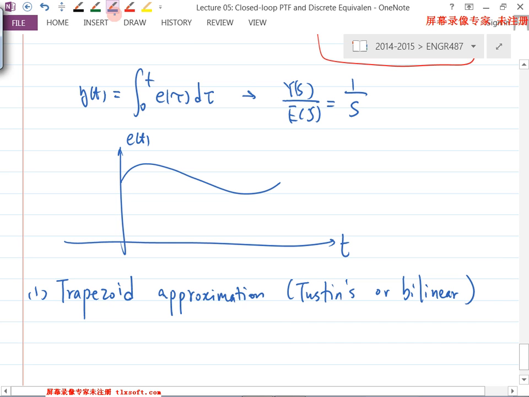This is what happens. We separate the time axis into time instants by the sampling time: T, 2T, up to kT minus T, and kT.